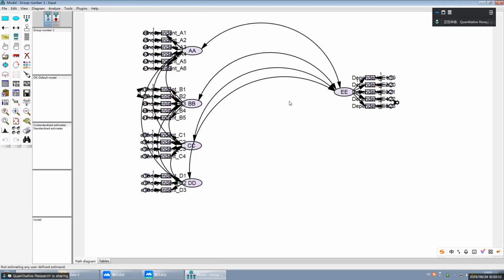Now the next question is how to compute these scores. It's very complex. But now I show you a very easy way for computing the scores.